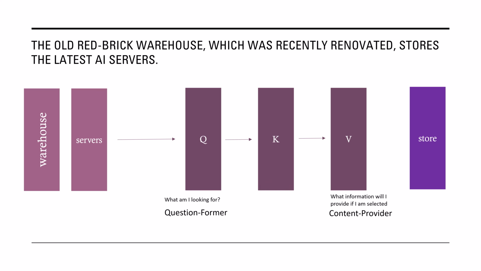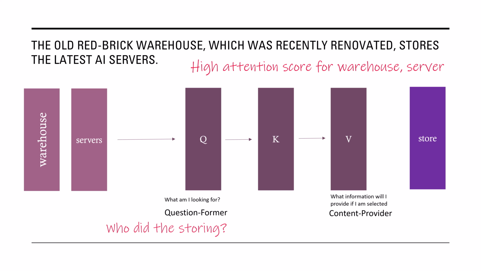The comparison results in a high attention score for warehouse and server because they are the best answer to the query's main question: who is doing the storing and what is being stored? The score for renovated red brick would be moderately high, and the score for the word the would be very low.